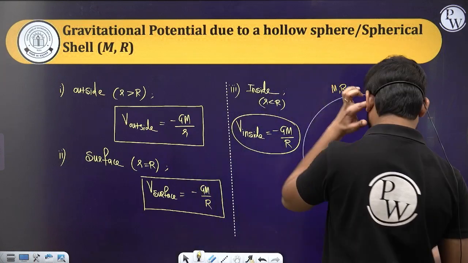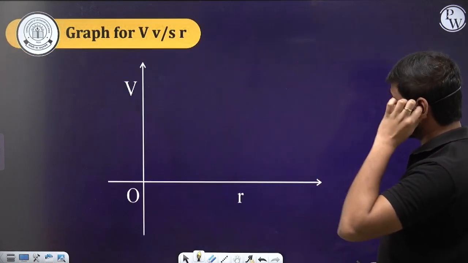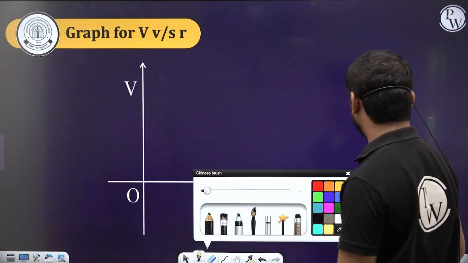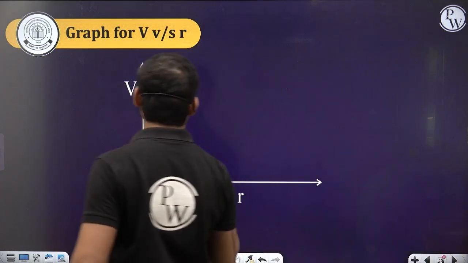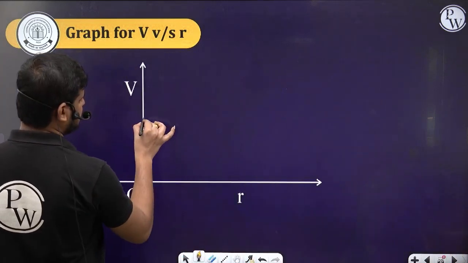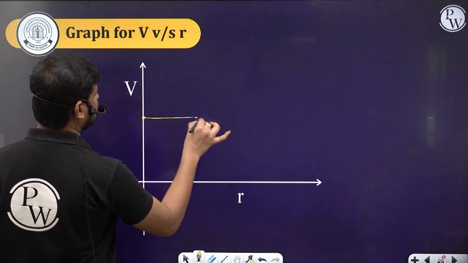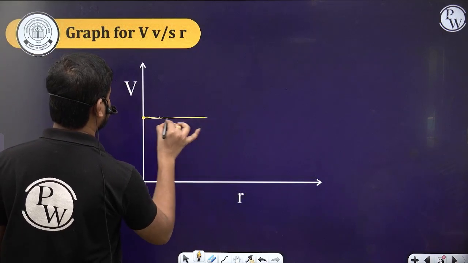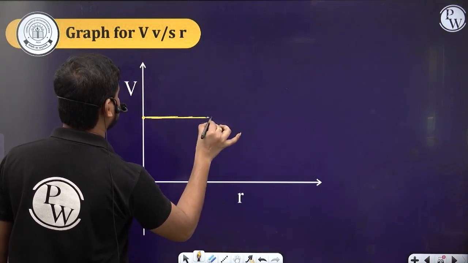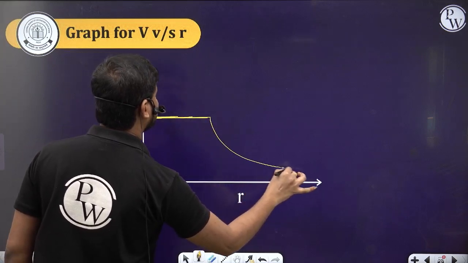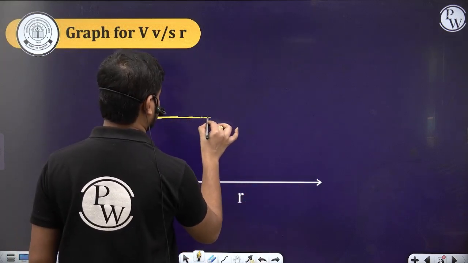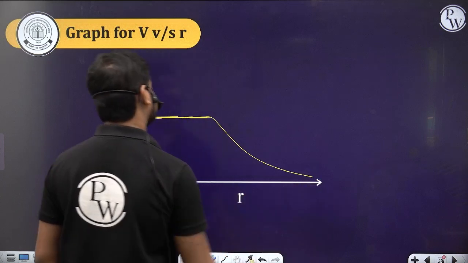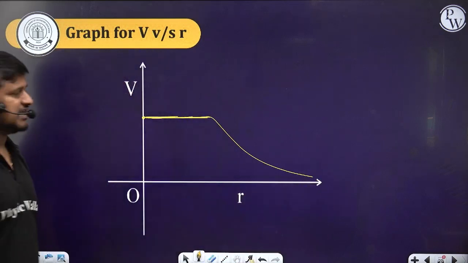Done. Chalo. So if you draw the graph, so inside it is maximum and constant from inside to this point, and then outside it decreases like this.